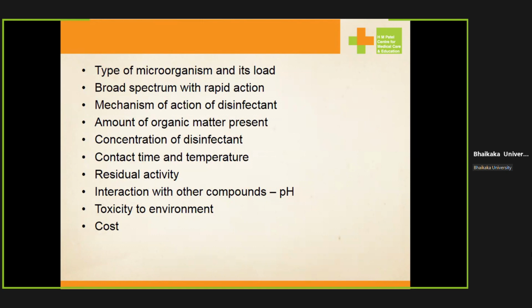Interaction with other compounds is very important. Sometimes you have to mix your disinfectant or dilute it with certain things. Sometimes that dilution can be done even with tap water, or sometimes it might require sterile distilled water. Many times you also have to dip certain things which have been used at places where they would have come in contact with some chemicals.